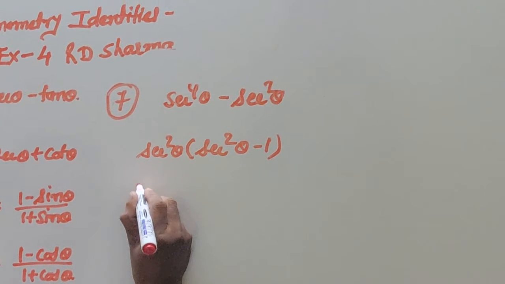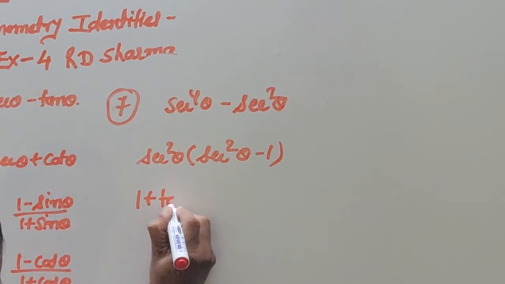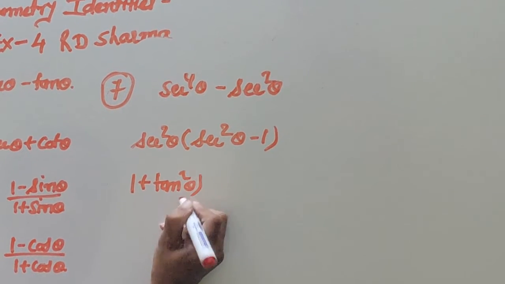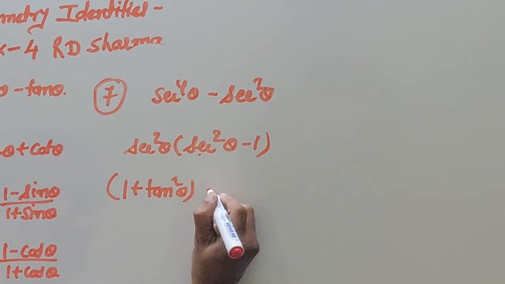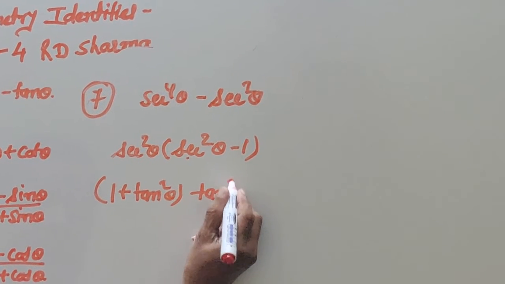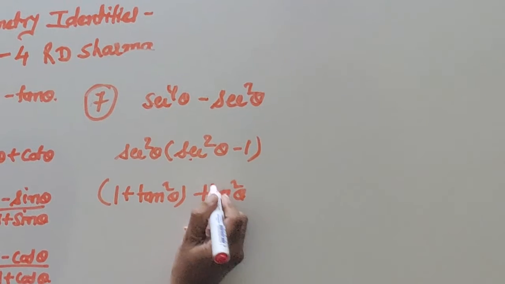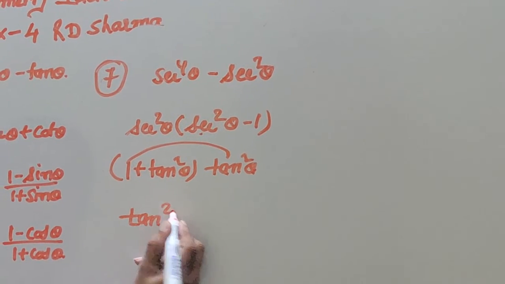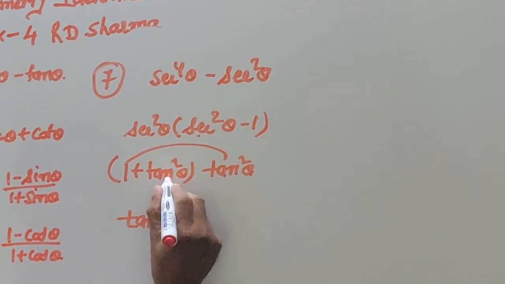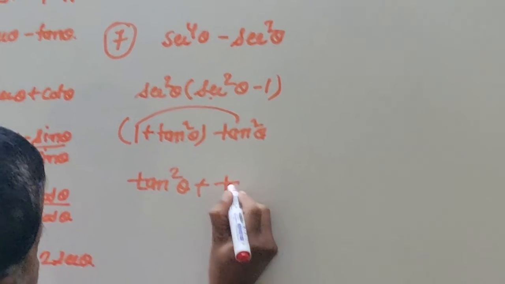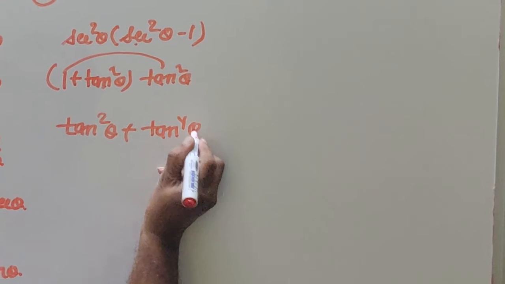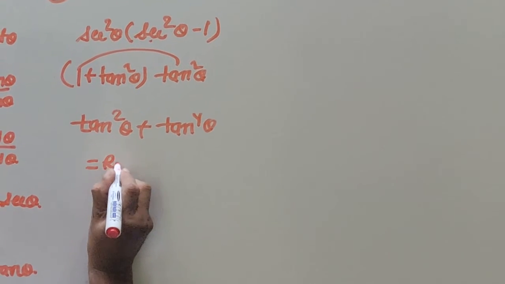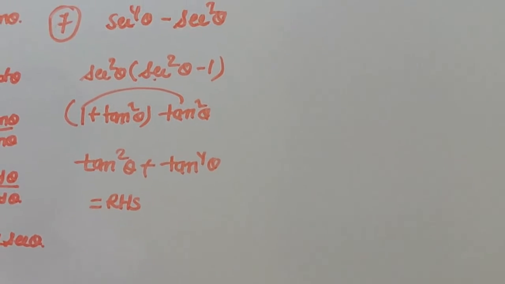It is equal to 1 plus tan square theta, and sec square theta minus 1 is tan square theta. Now I can multiply this by this. What will come here? Tan square theta plus tan square theta into tan square theta, which is equal to tan 4 theta, that is equal to your RHS. Hence proved.